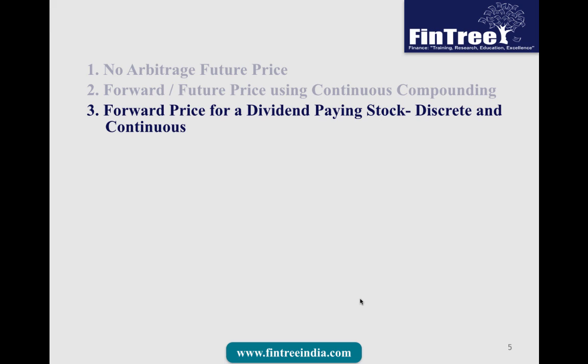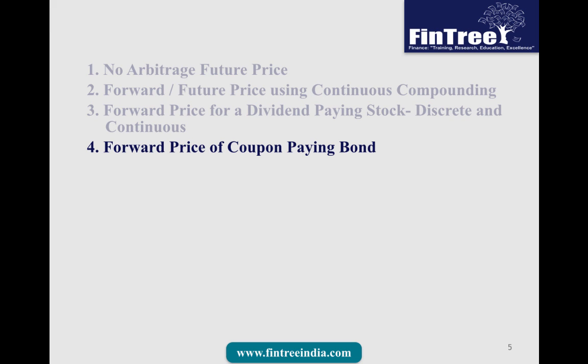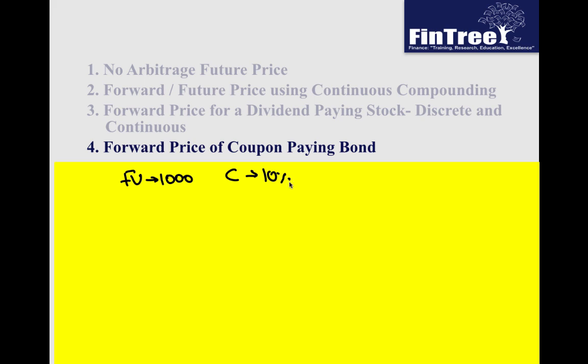Next formula, forward price for a coupon paying bond. Again the mechanism is exactly the same. So how will we do it? Let's say the face value of a bond is 1000, the coupon rate is 10%, and the coupon is paid on a semi-annual basis.